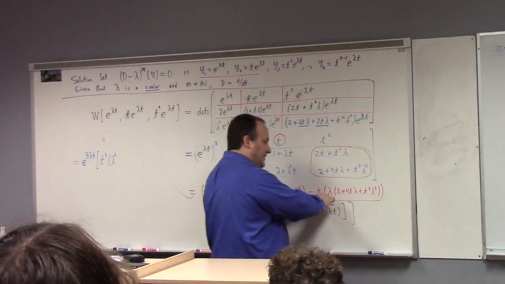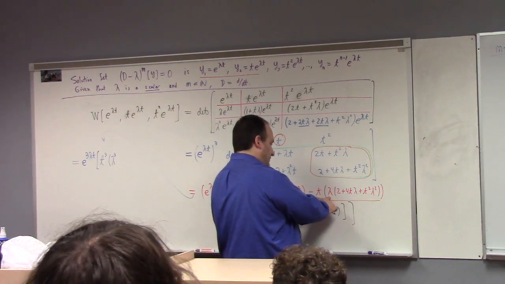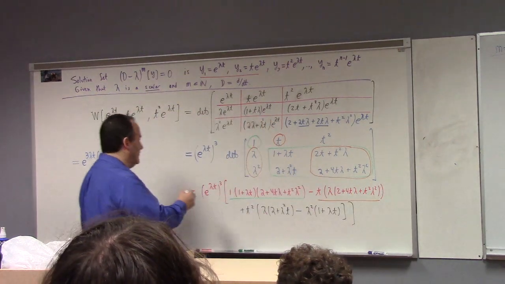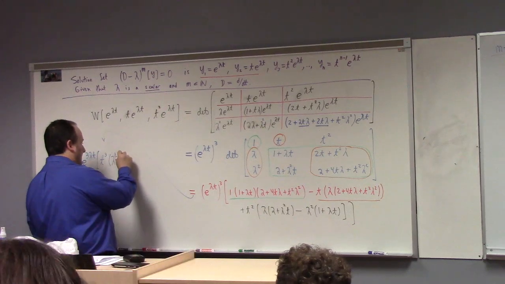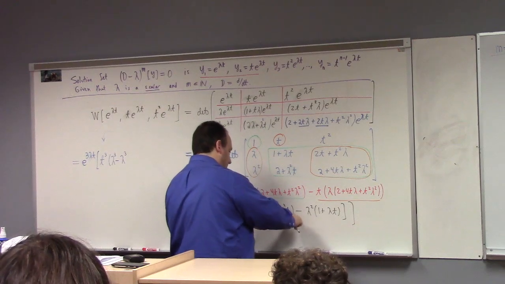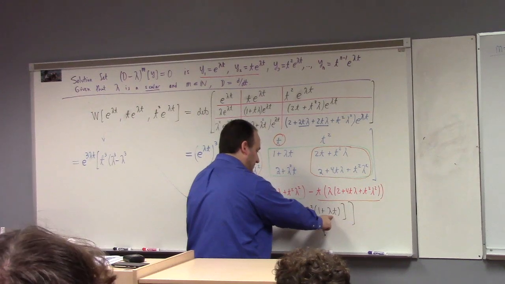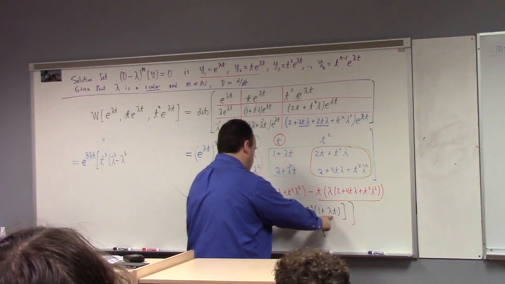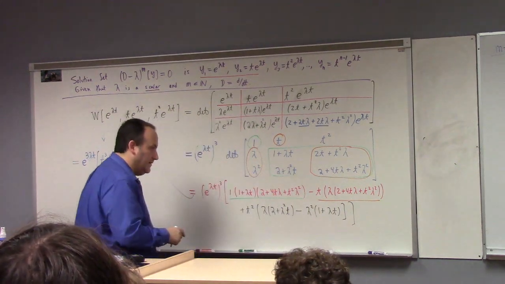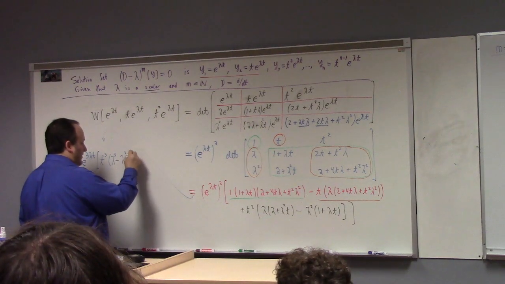How about the next one? Any lambda cubed in here? Oh, look at that right here. This lambda times that lambda squared gives me a lambda cubed. This time we got a minus, so we got a minus lambda cubed from the middle determinant. Is there any lambda cubed down in here? Yes, sir, there is right here. Minus lambda cubed t cubed right there, right?